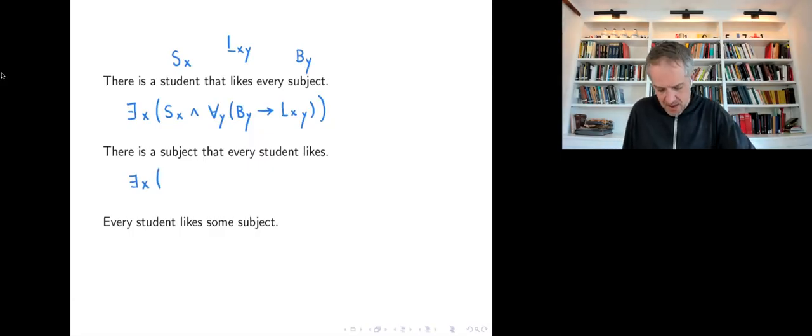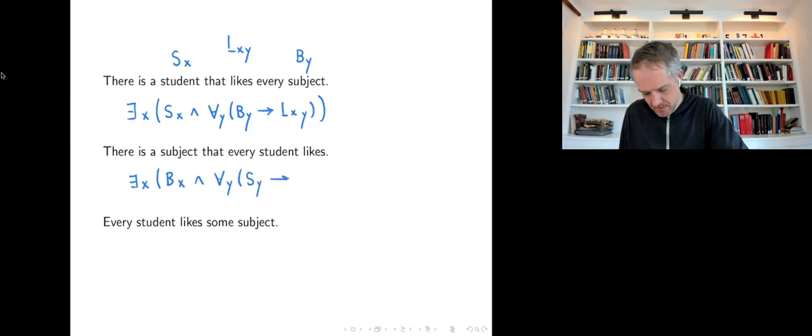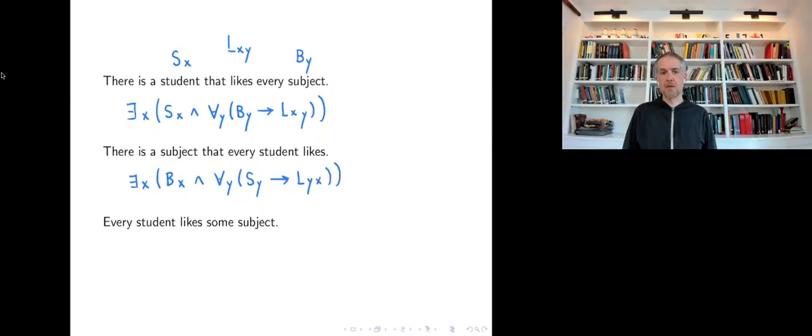So I say there is a subject, there's a B, and anything that is a student likes that subject. All in all, there is a B, there's a subject, and everything that is a student likes that subject. There's a subject that every student likes.